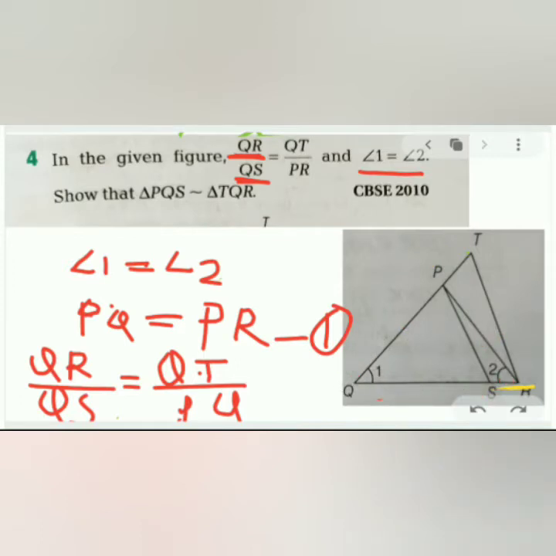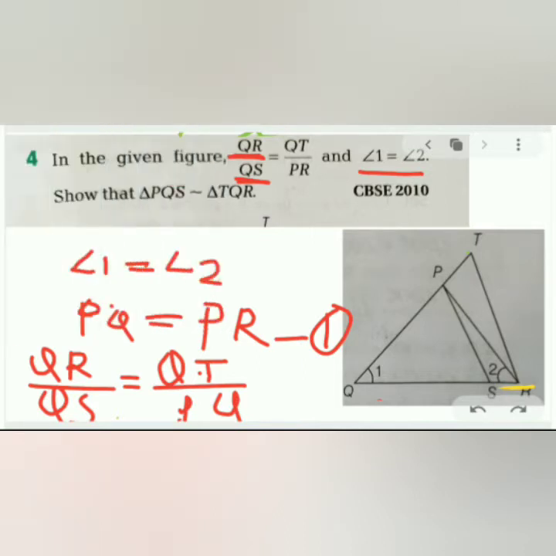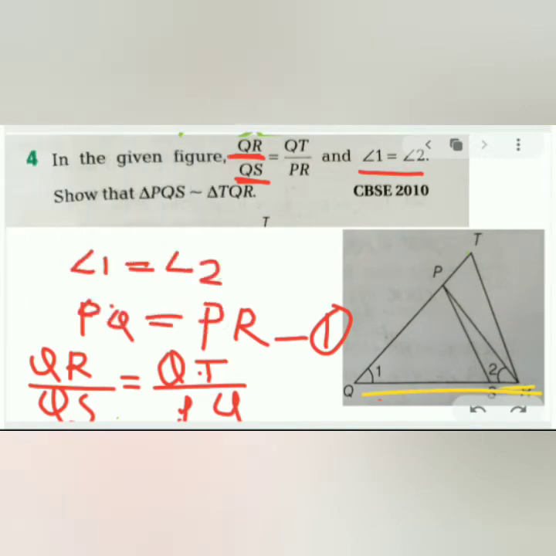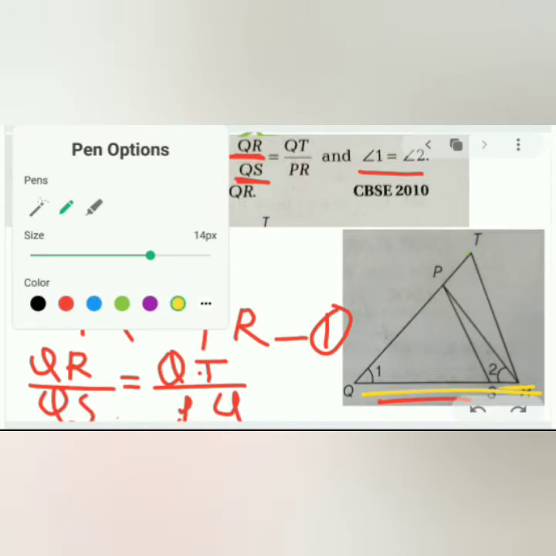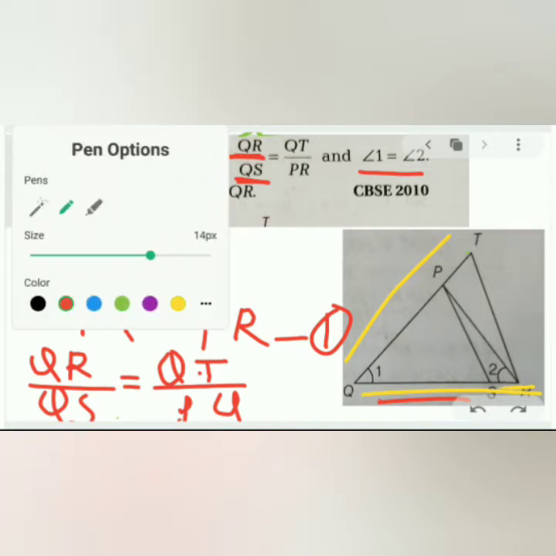So we got a new ratio, and again I will indicate with different colors: QR, which is our yellow color, by this small QS, is equal to QT, meaning this whole thing, by PQ. PQ we are indicating with red color.